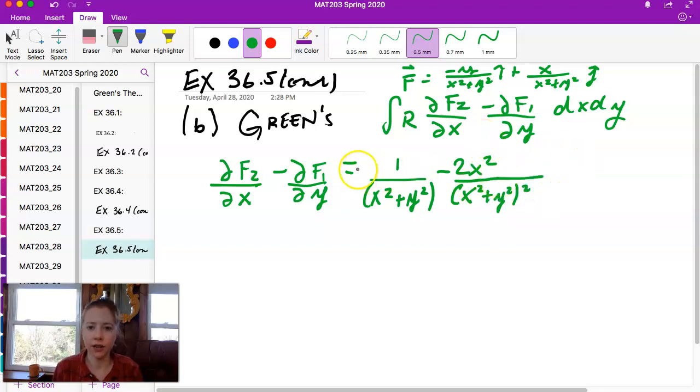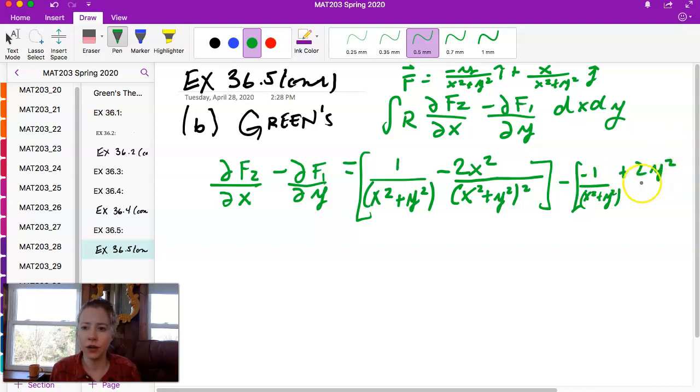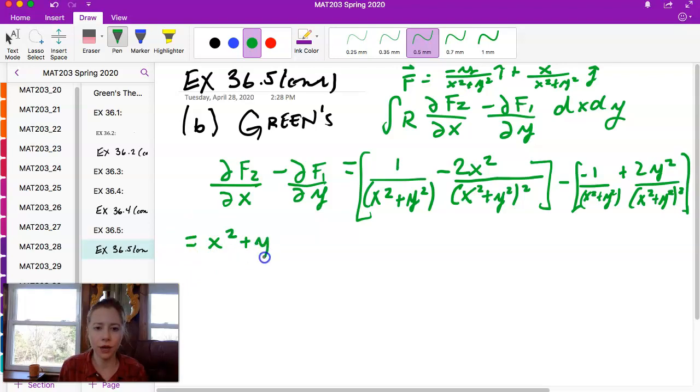Okay, and then we're going to subtract off del f1 over del y, which is going to be minus 1 over x squared plus y squared plus 2y squared over x squared plus y squared squared. And so here, trying to simplify a little bit, what I'm doing is I'm just going to try to get a common denominator of x squared plus y squared squared.